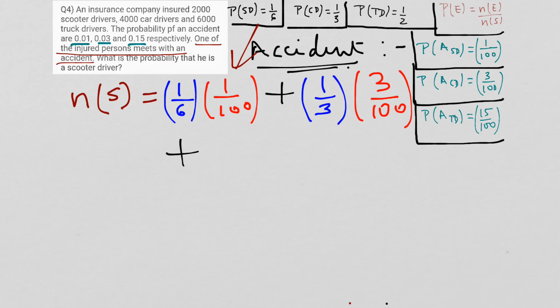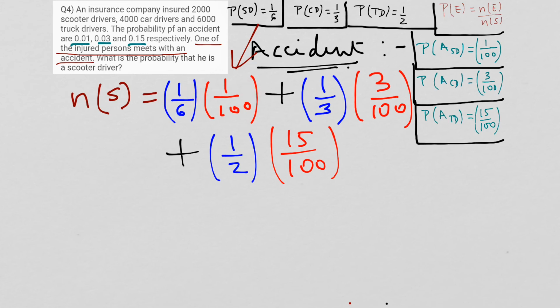Or it could be a truck driver. Spotting a truck driver is half, and a truck driver having an accident is 15 by 100. So as already mentioned, this is the probability of having a scooter driver and him having met with an accident.